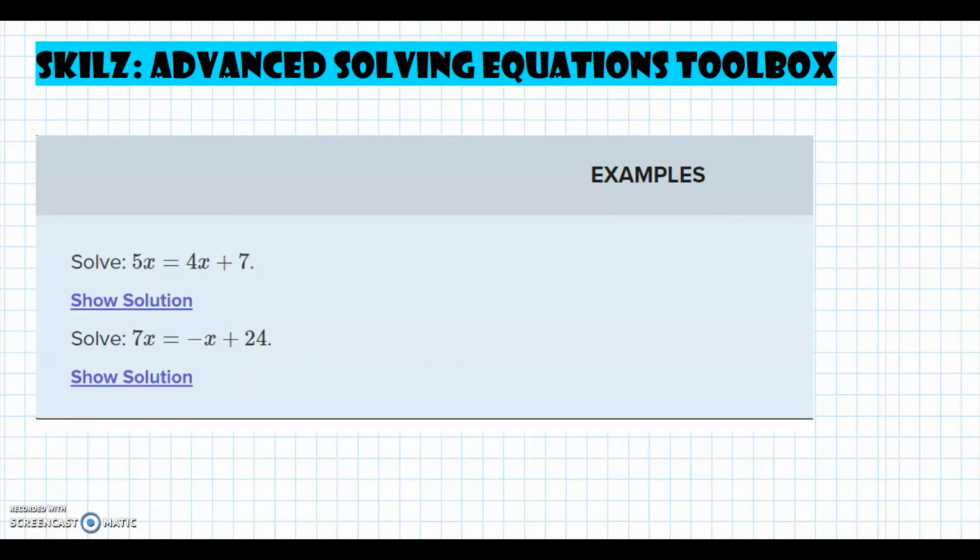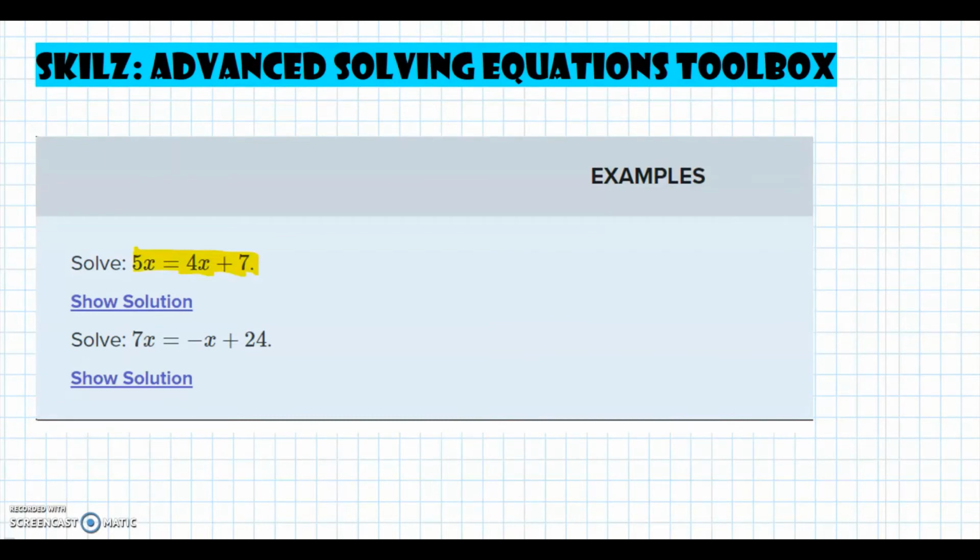Now, we need to work on some advanced solving equations skills so that we can solve problems like this one. 5x equals 4x plus 7. And the issue is we've got variables, we've got unknowns on both sides of the equation. So, no problem.